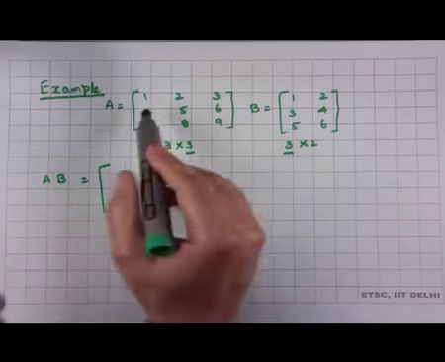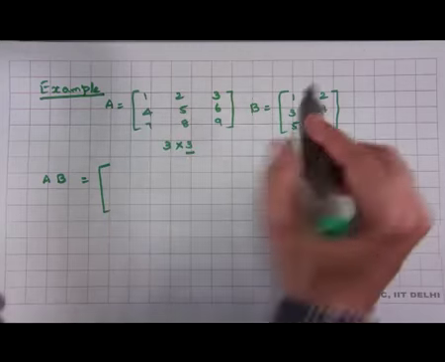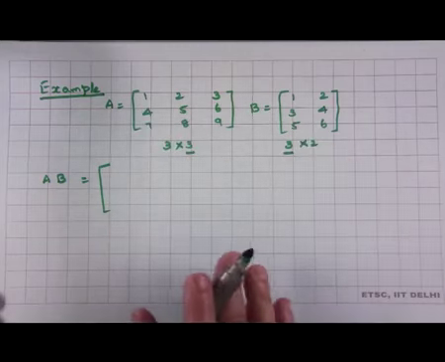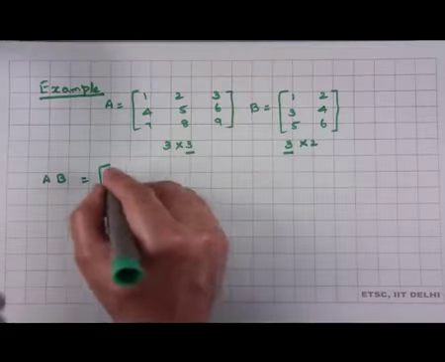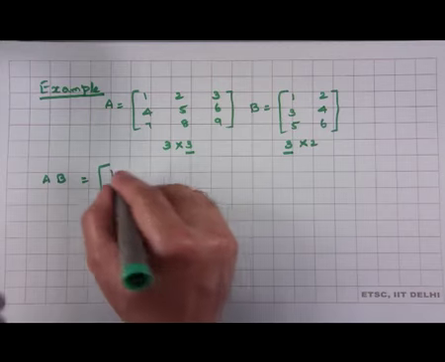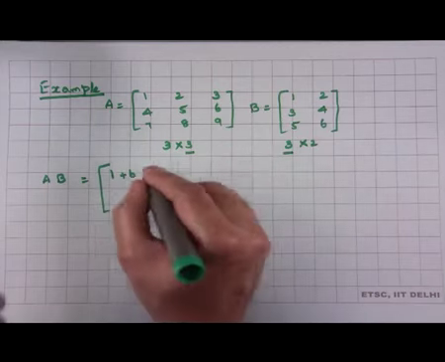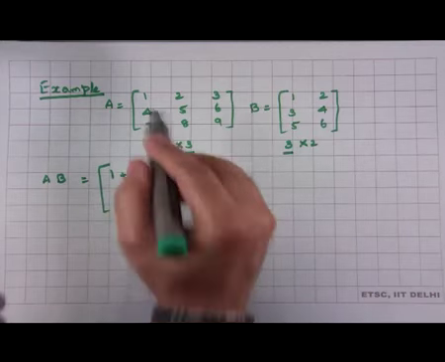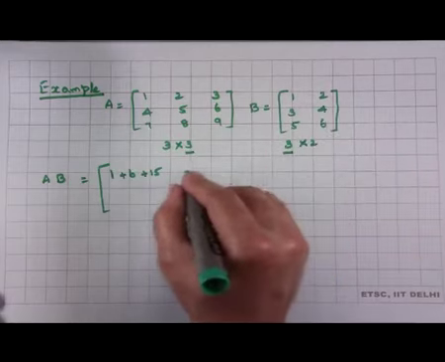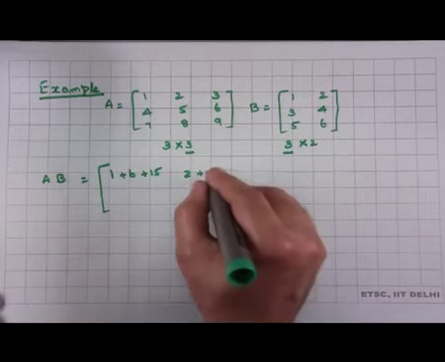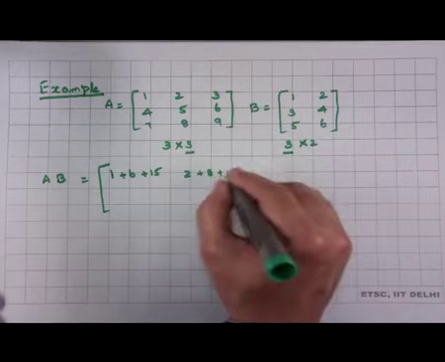So, what we will have to do is multiply the first row with each of the columns till all the columns are exhausted. 1 into 1 which is 1, 2 into 3 which is 6, plus 3 into 5 which is 15. Next one, 1 into 2 which is 2 plus 2 into 4 which is 8 plus 3 into 6 which is 18.